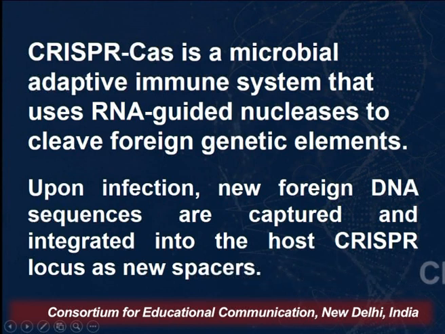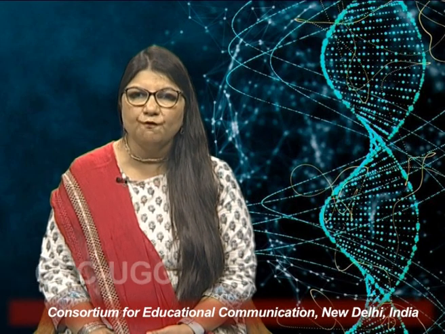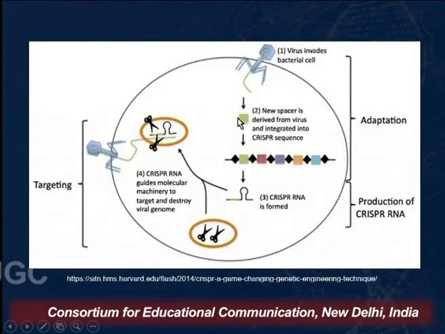Upon infection, the new foreign DNA sequences are captured and integrated into the host CRISPR loci as new spacers, like we just said. These spacers act as the memory of the infection that has occurred. So this is how it looks. When a bacteriophage, for example, infects a bacterial cell, or any exogenous DNA is taken up by the cell, then these protospacer elements are introduced in between these direct repeats and they stay there.